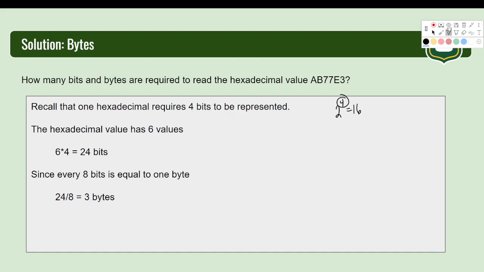So basically we have 1, 2, 3, 4, 5, 6 hexadecimal values, 4 bits each. So 6 times 4 is a total of 24 bits that your computer is using to store that hexadecimal value. Now again, most computer systems talk about bytes instead of bits. So if you take the number of bits you have, 24, and divide that by 8 bits per byte, that would be a storage of 3 bytes.